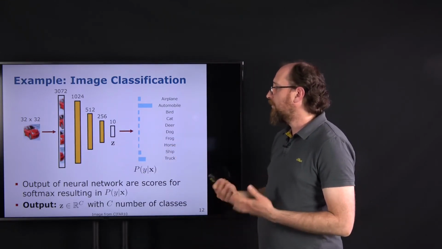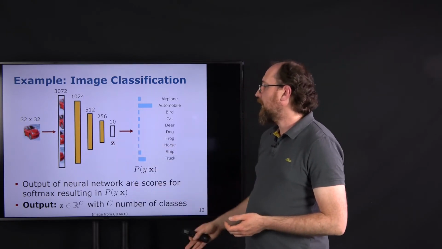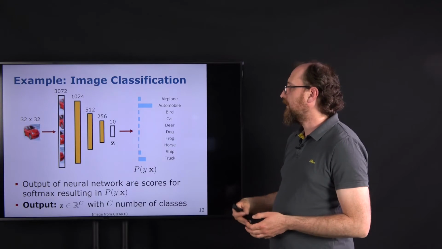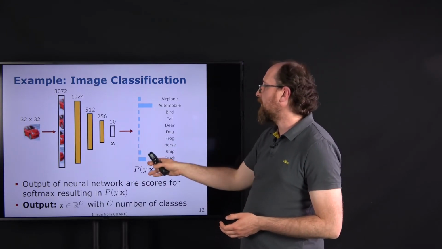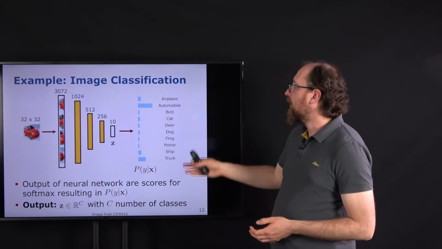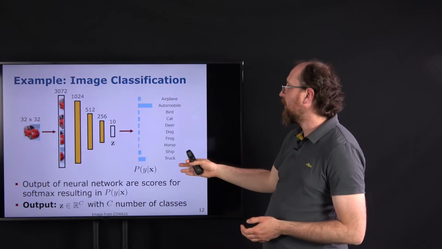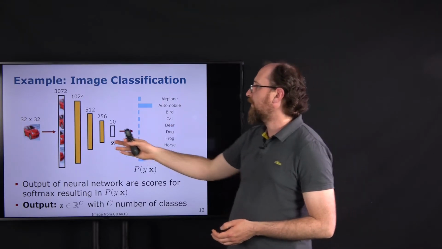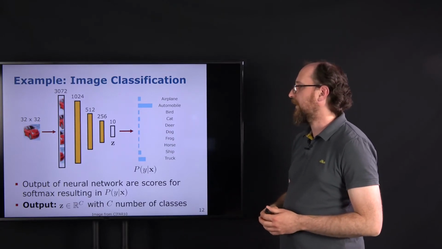What usually is done is not to directly put out the classes, but to have the activations that are then used with the softmax to get the probabilities out. In the case of CIFAR-10, you have airplane or automobile and so on. And in the best case, when you give in this image, it will give a high probability for automobile.